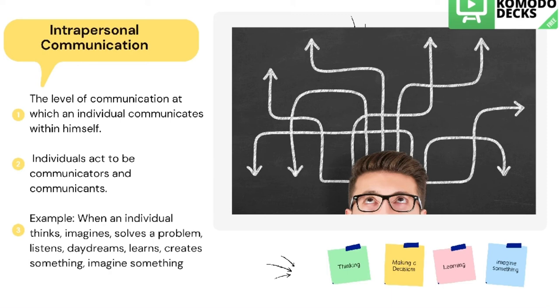So what events are included in this level? For example, when you are thinking, daydreaming, learning something, or maybe making a decision. So you could say that when you talk to yourself, you are doing intrapersonal communication.